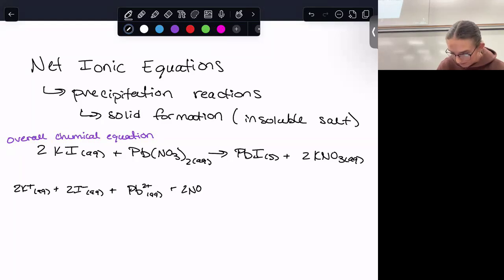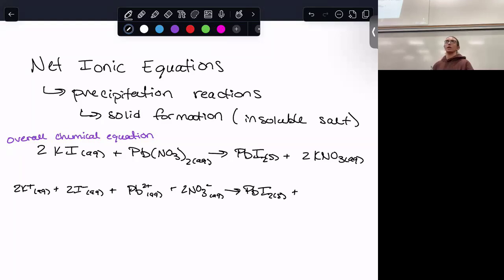So we have 2 NO3 minus aqueous. And then what about PbI2? Does that split into anything? Sorry, this should be I2. No, right? This is a solid. That means that we can no longer break it apart. It has to stay in its solid form. So this stays as PbI2 solid.